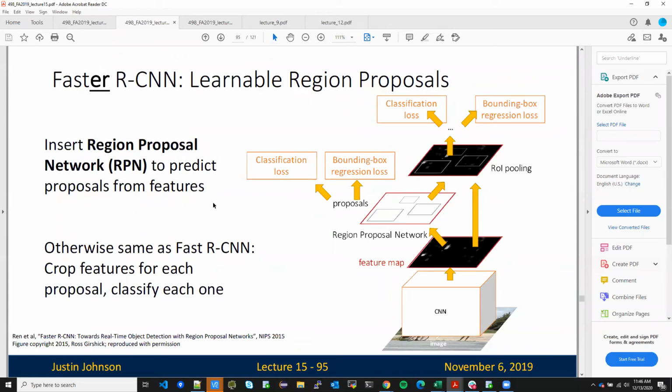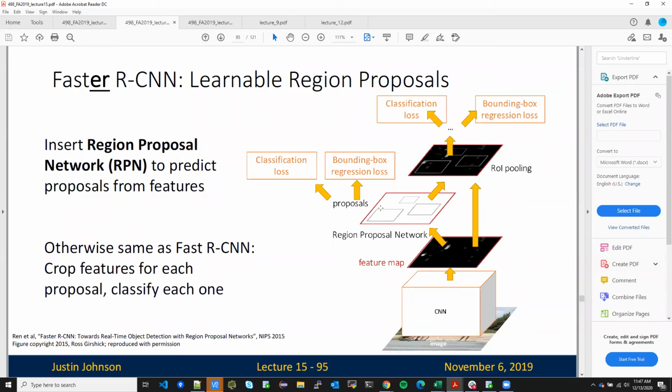So between fast and faster RCNN, the first two steps are similar.